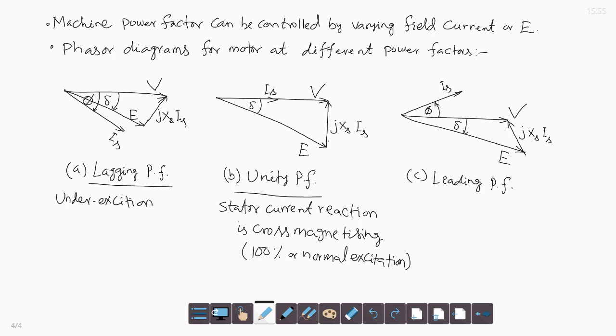Because in the armature, the lagging stator current reaction is magnetizing type, or you can say direct magnetizing.